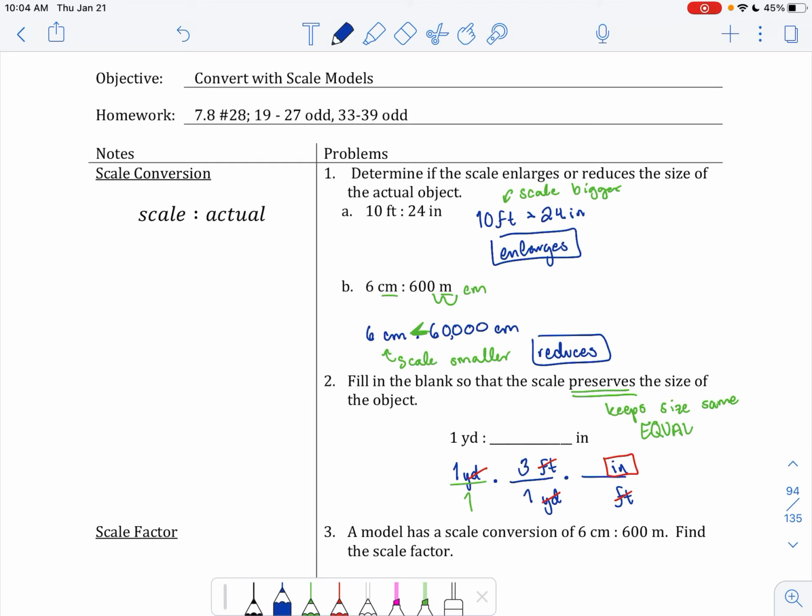Now we need to fill in the numbers. 1 yard is equal to 3 feet. 1 foot is equal to 12 inches. So you get 1 times 3 times 12 over 1 in the denominator, inches. So 1 yard to 36 inches would preserve the scale, would keep it equal.